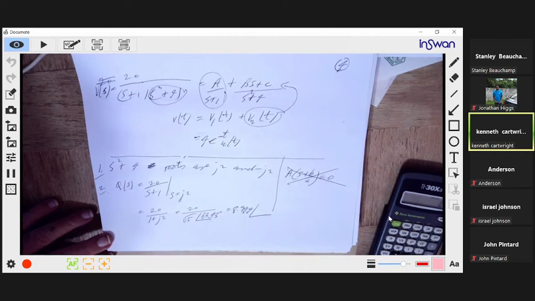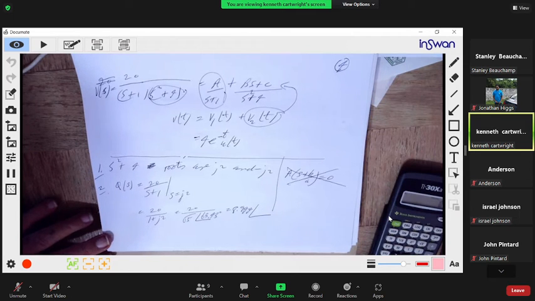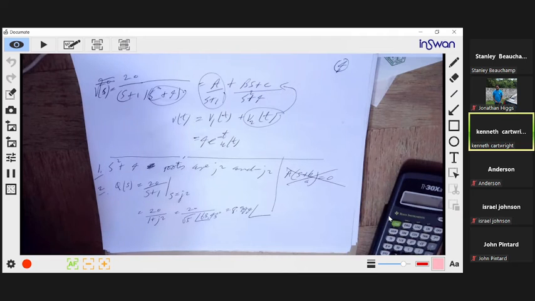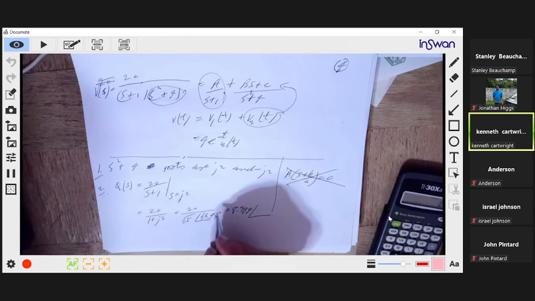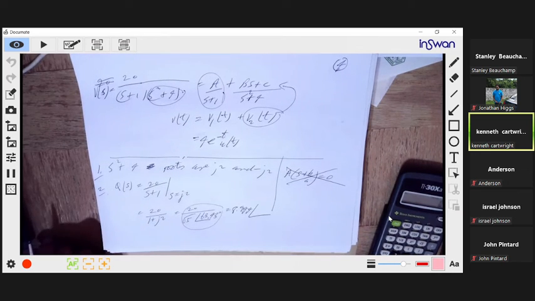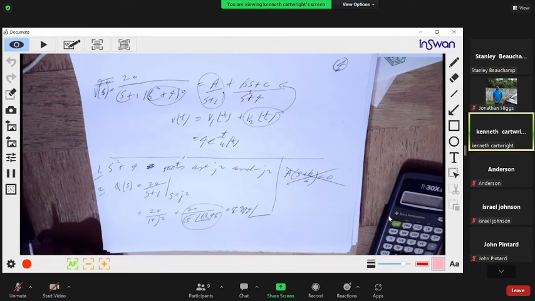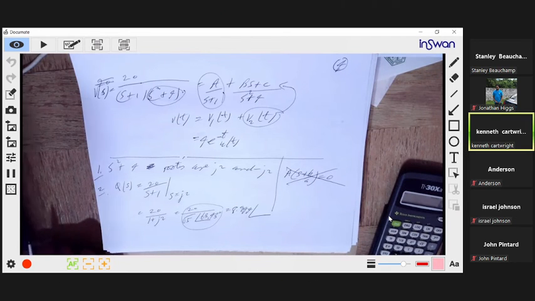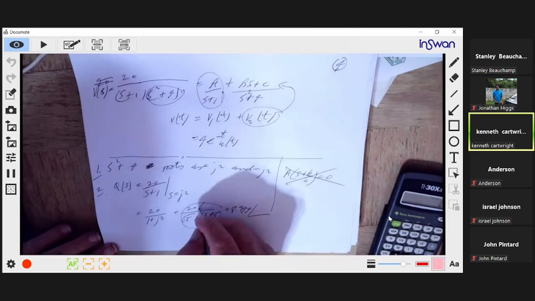What's the angle? Folks, y'all can't tell me what the angle of this is? 20 is the same thing as 20, 0.